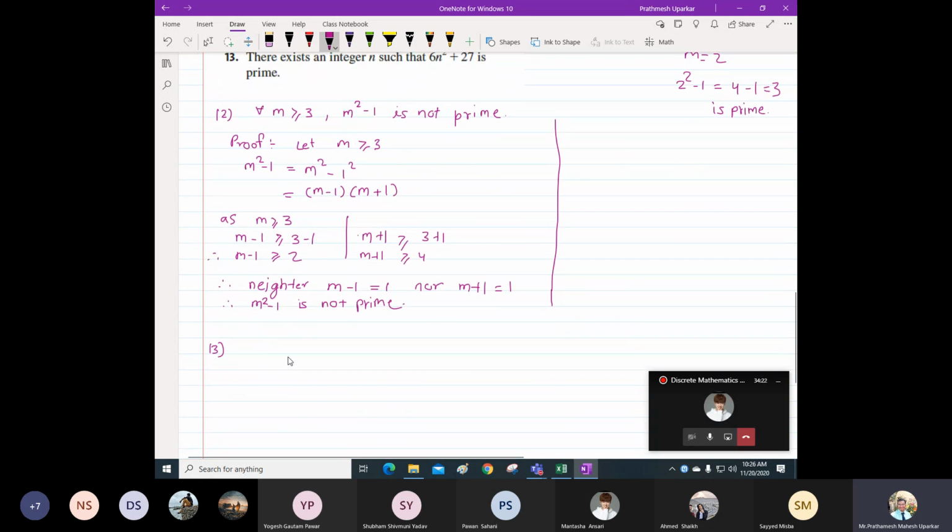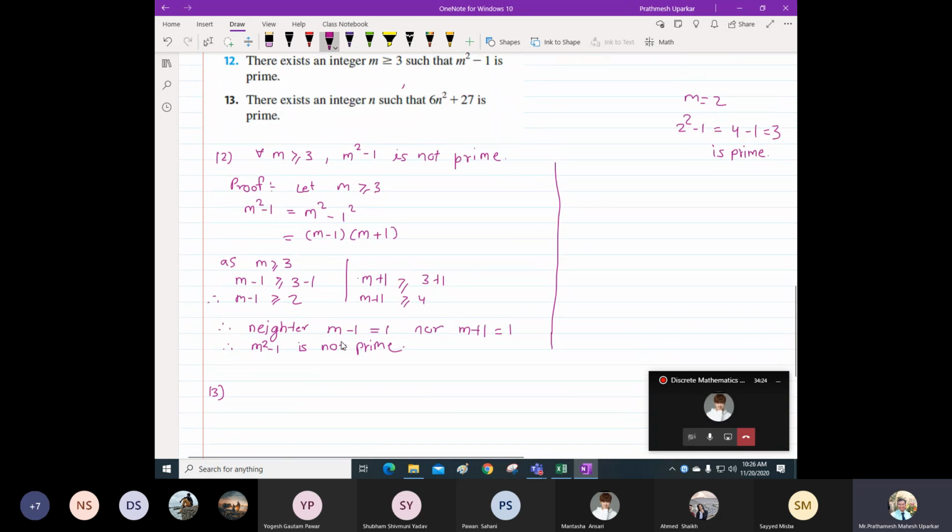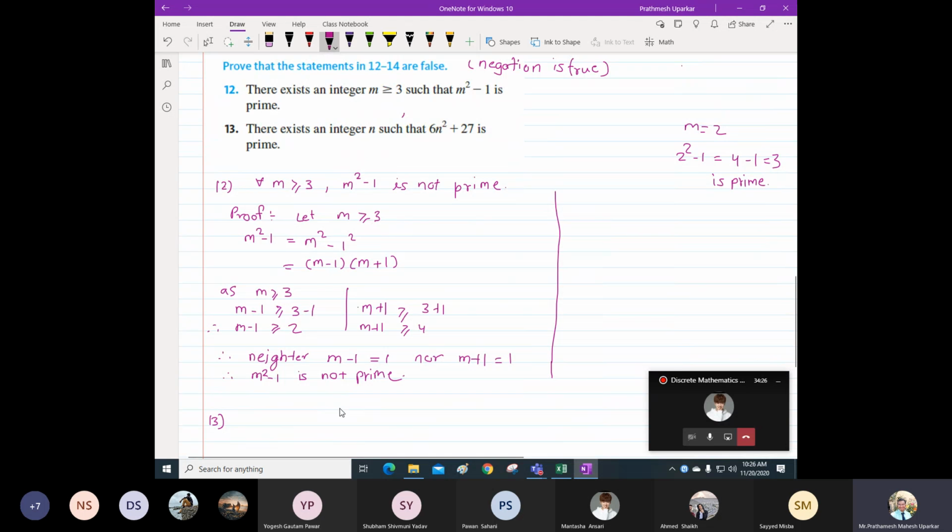What is the negation? There exists an integer n such that 6n square plus 27 is prime. What will be the negation? For all n belongs to Z, 6n square plus 27 is not prime.